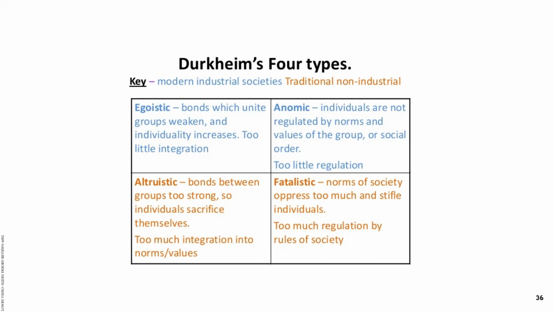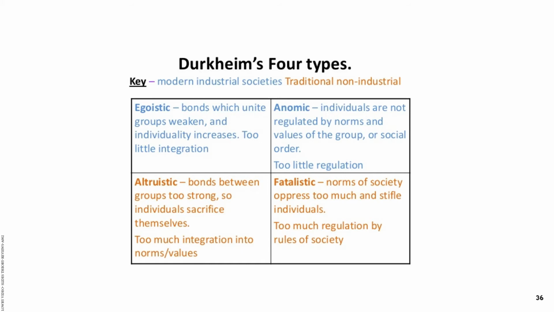So, he created a simple 2 by 2 matrix of this from which he further theorized. But he basically said there are 4 types of suicide. You can look at those in blue in modern industrial societies, and you can look at those in the orangish color in traditional non-industrial societies.